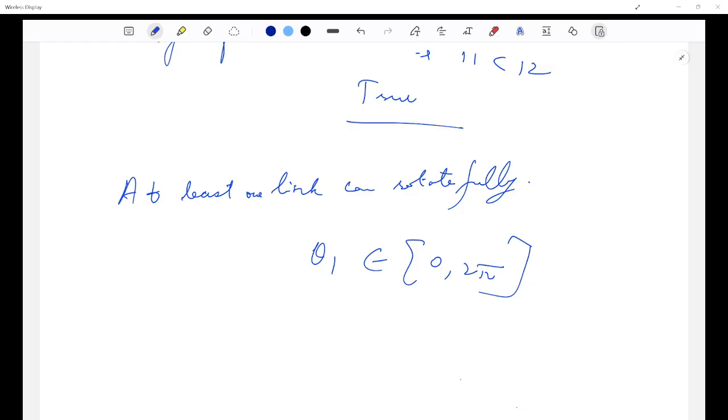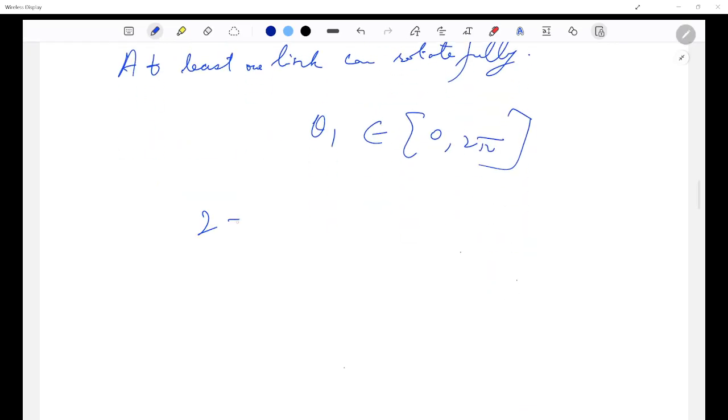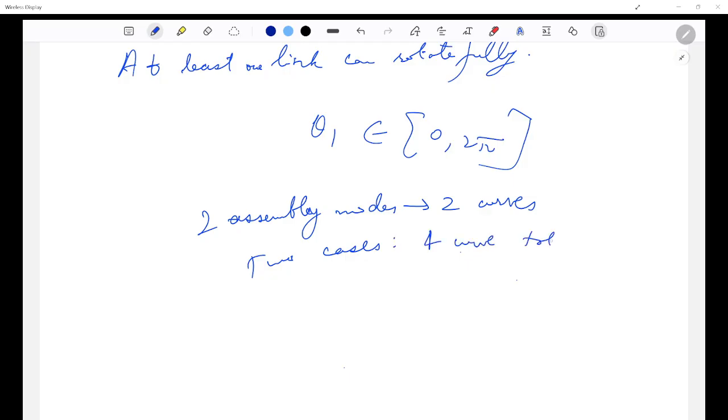Since there are two assembly modes, we have two curves for each of the two cases, meaning four curves total. Intersection happens when the division points A and A dash coincide in space. That means the coupler must align such that both internal division points lie at the same location, and that can happen only at special configurations.